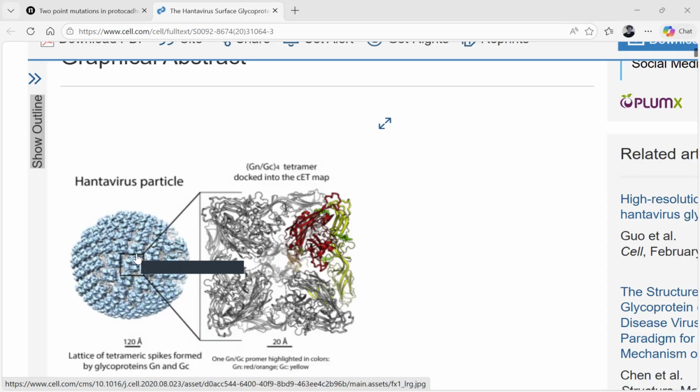Now, the Andes was first discovered in 1995 in Argentina and in Chile. So the initial identification was in Argentina, and a Chile case was reported the same year. Now, in 1993, there was a recognition of a hantavirus pulmonary syndrome in the southwestern United States.